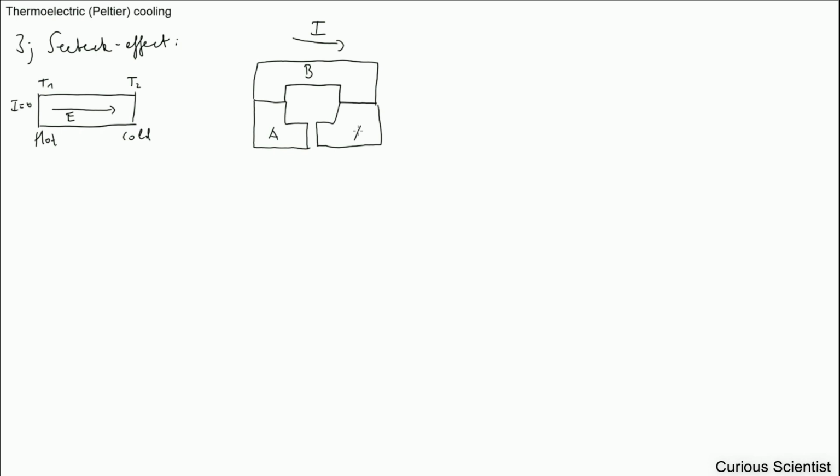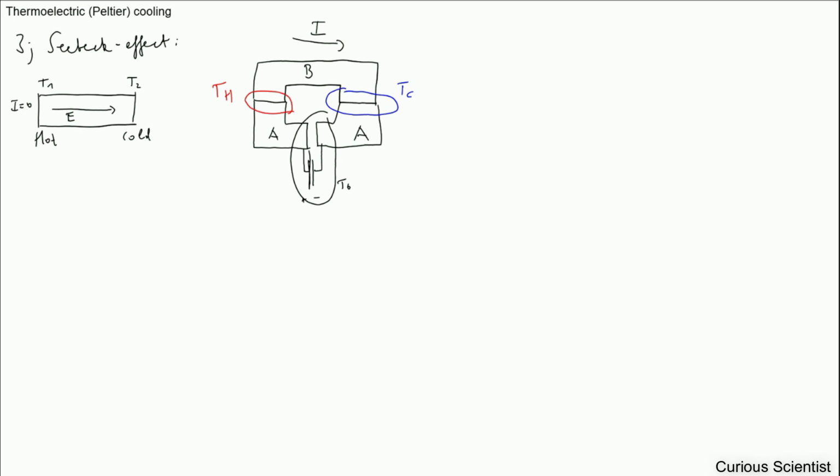This was material A and also material A. You connect them to a power supply, whatever. And then this is T0, let's call this TH, and let's call this TC.